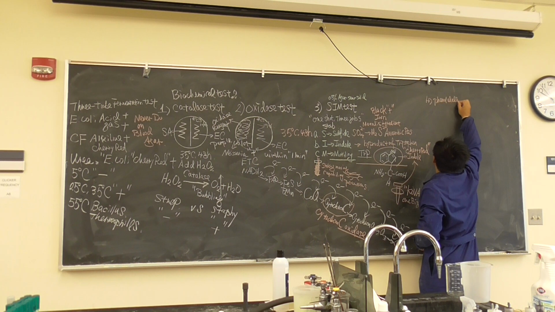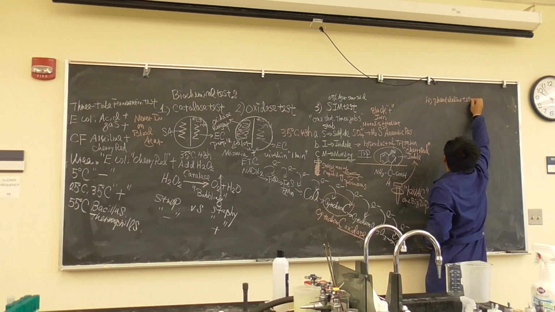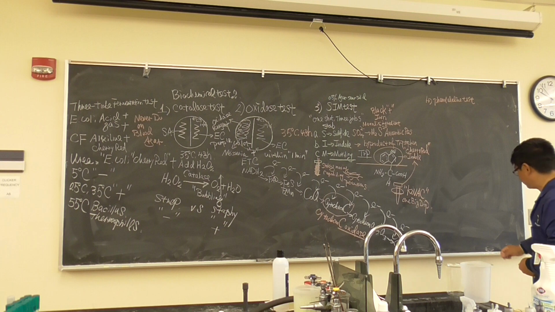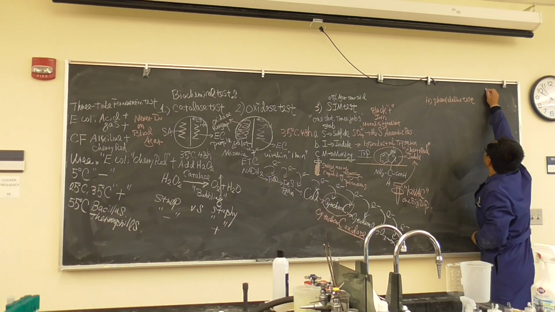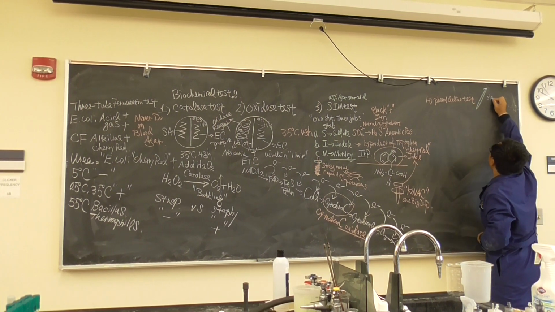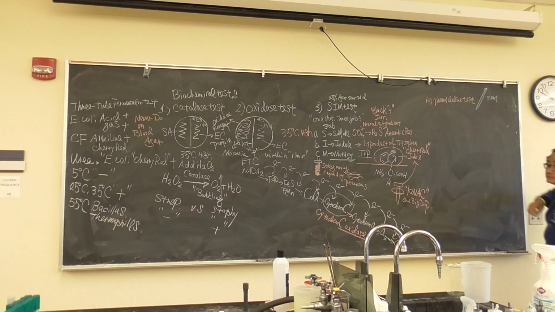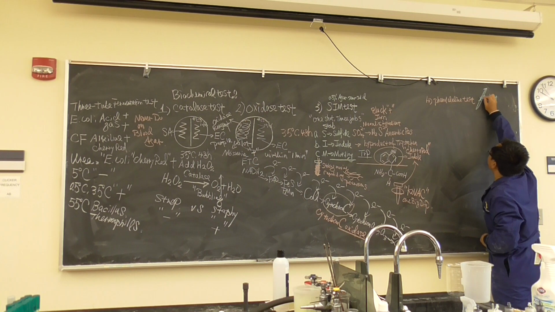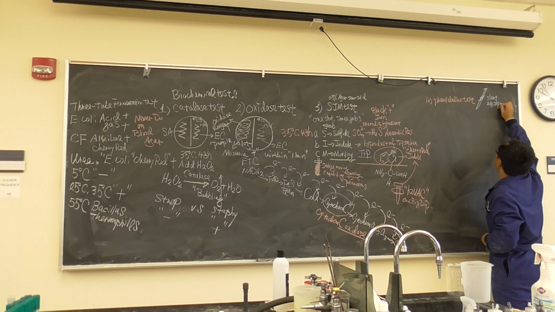Phenylalanine test. Okay, how to do phenylalanine test? It's very simple. We have a slant right here, a phenylalanine slant. And we're going to inoculate your assigned bacteria using zigzag inoculation.